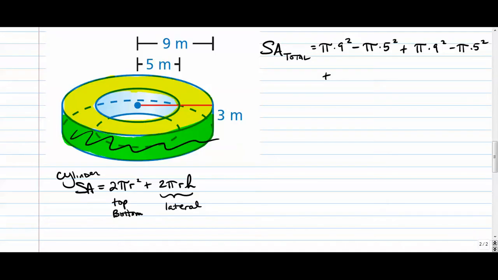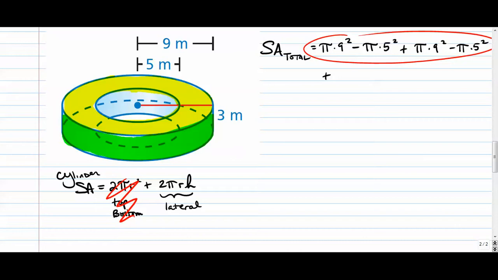This is all the part that you would probably consider to be like the side or the label of the soup can. Alright, so we don't want to deal with the top and bottom. We've already taken that into account up here. But instead we just want the lateral surface area. So we go 2 times pi times r, where r of the whole thing is 9, times the height.